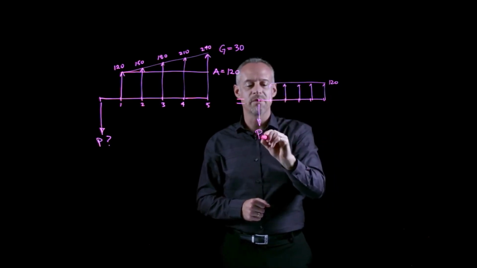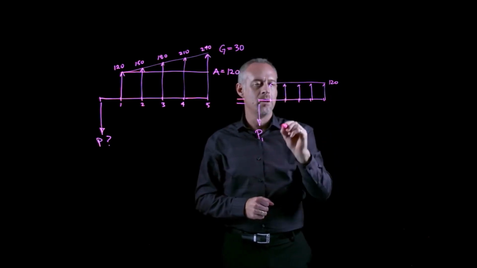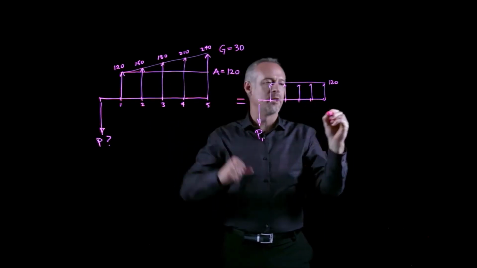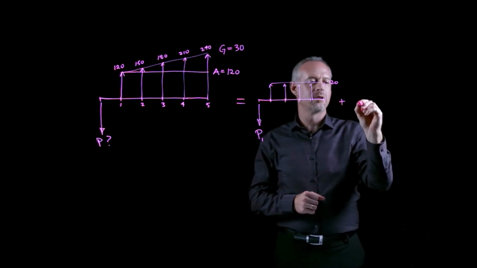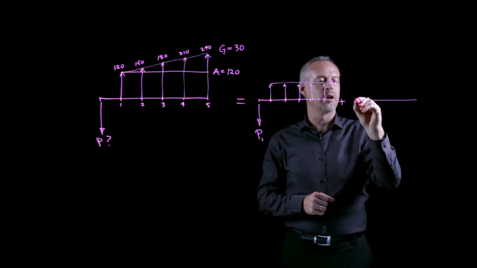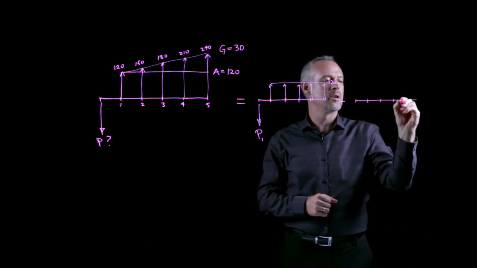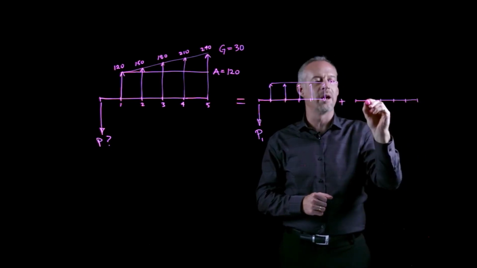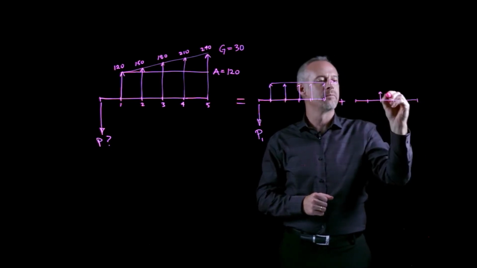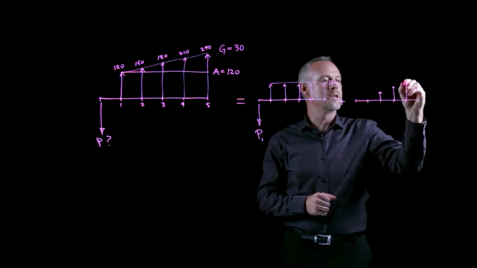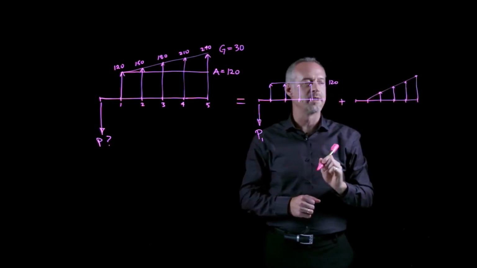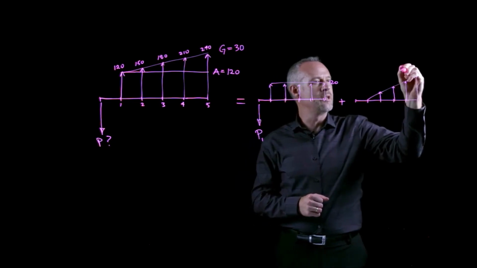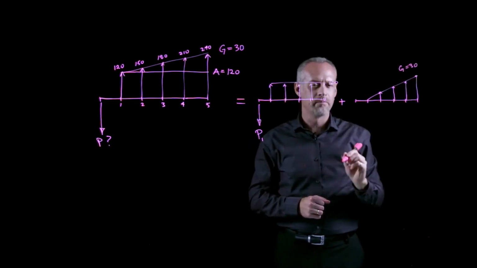And I'm going to call this P1. My $120 underlying annuity plus the gradient, draw the gradient, 1, 2, 3, 4, 5. The gradient amount will be 30, 60, 90, 120. Looks like this, where the G is equal to 30.